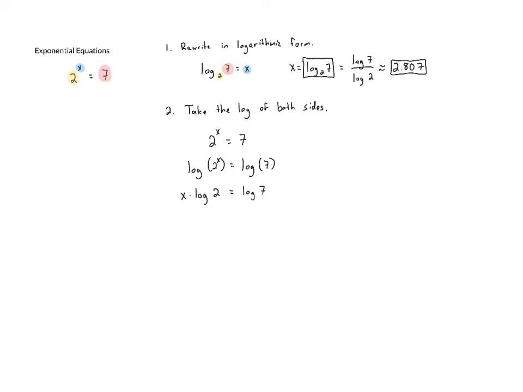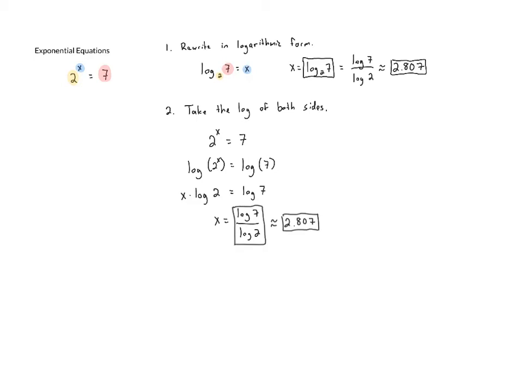And then to get x alone, we divide both sides by log of 2. So we get log of 7 over log of 2, which is exactly what we had earlier using the other method. And this is a fine final answer if we want an exact answer. But again, to get an approximation, we use a calculator, and we end up with 2.807.